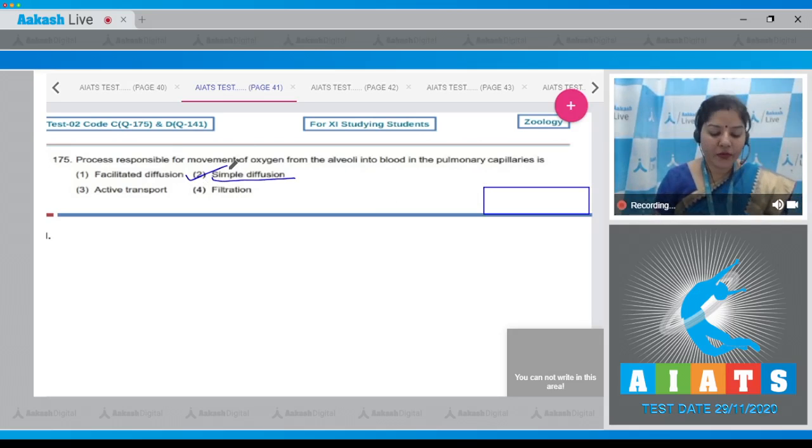Let's discuss other options also. Facilitated diffusion is that diffusion which occurs with the help of carrier molecules. Active transport requires energy and it occurs against the concentration gradient. Filtration is incorrect option. So correct answer to our question is option number 2. Let's move on to the next question.